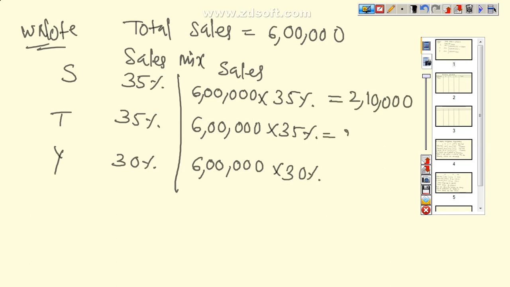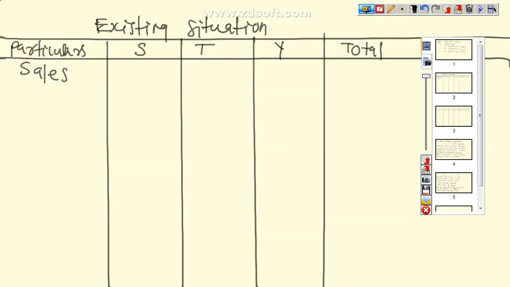Here it is again 2,10,000. Here it is 1,80,000. So we write it in this table. Final answers of sale: 2,10,000, 2,10,000, and here it is 1,80,000. Total is equal to 6 lakh.